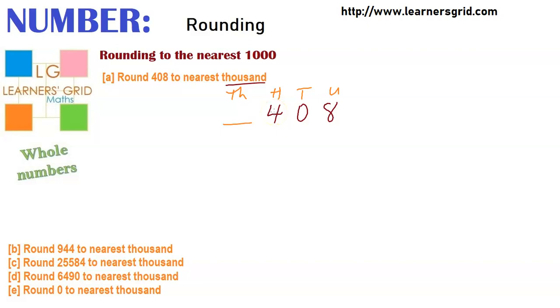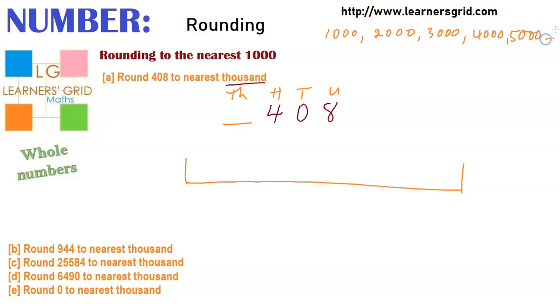So the best way to look at this is to consider a number line. This is not even up to 1,000. If I think of thousands, I'm counting in thousands: 1,000, 2,000, 3,000, 4,000, 5,000, and so on.